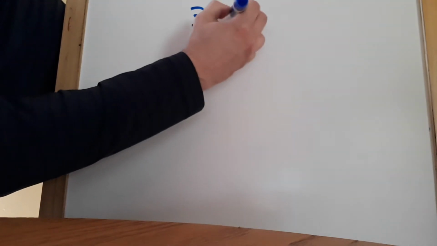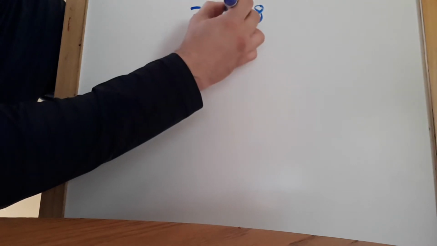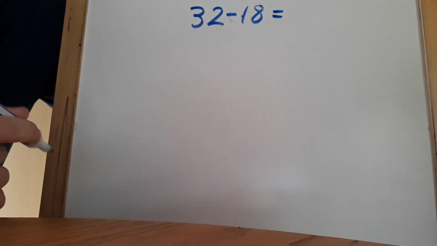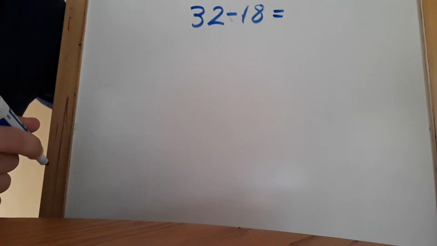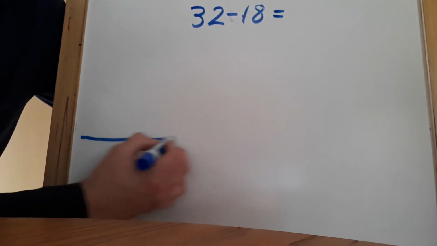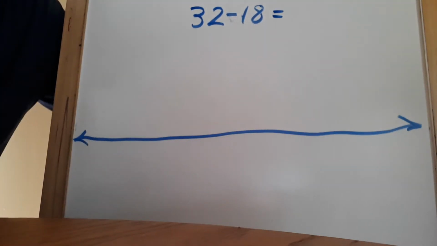All right, so we're given a question like 32 subtract 18. And we have to find the answer. To do this, to make an open number line, we make a line. We put arrows on both ends saying that the numbers go on, up and down.